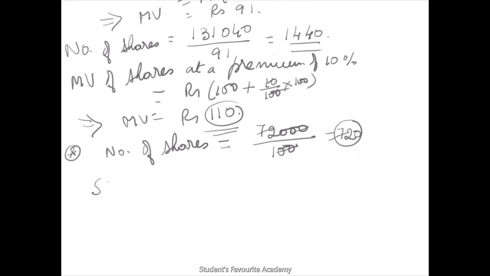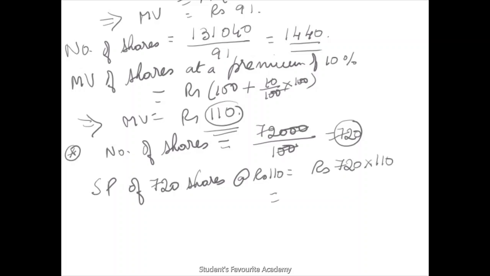So the money that she gets, SP, of these 720 shares at the rate of rupees 110 is rupees 720 multiplied by 110. That is equal to rupees 79,200. So this is the money she gets by selling those 720 shares.